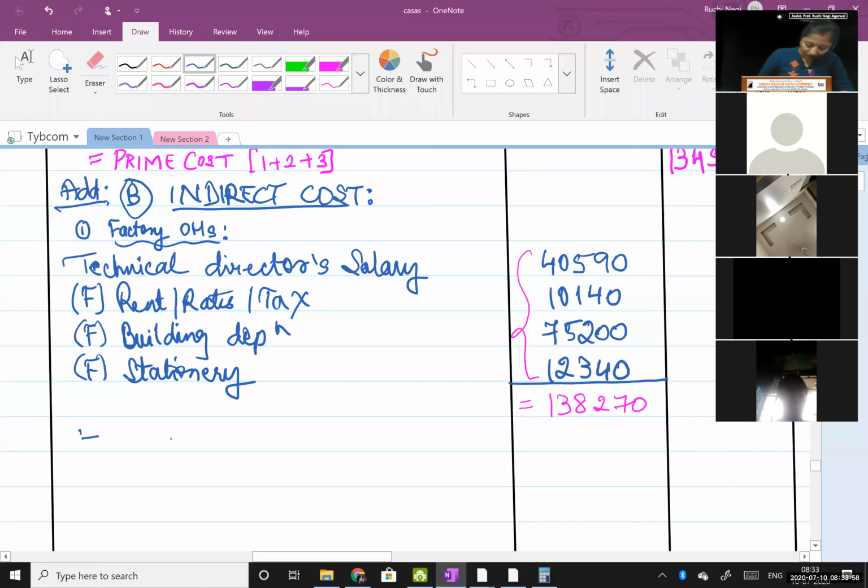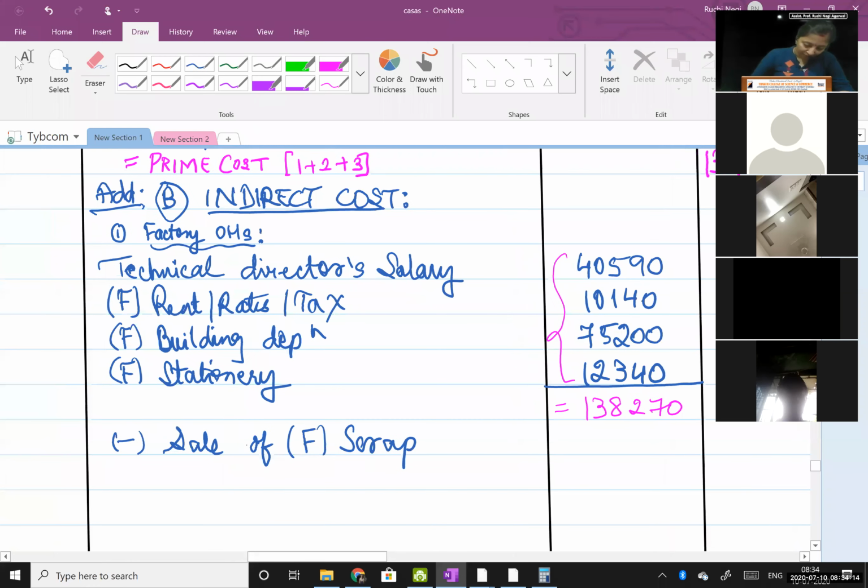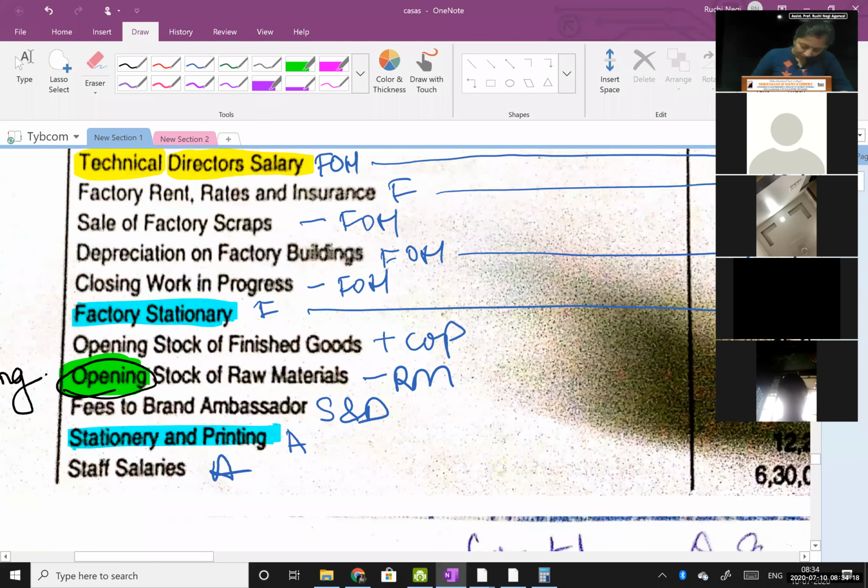Sale of factory scrap. How much was that? Here, sale of factory scrap, 1,460.